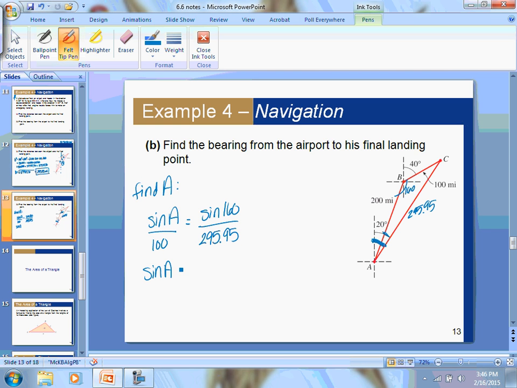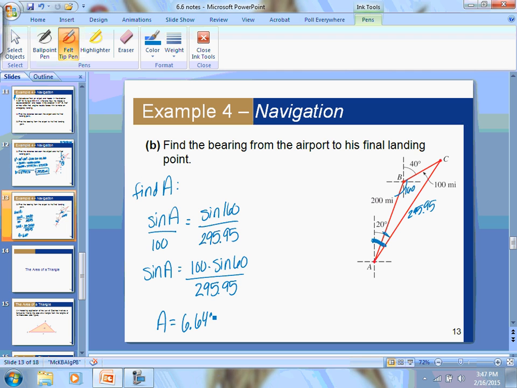So sine of A is going to be 100 times the sine of 160 divided by 295.95. Let's see, that decimal, when I take the inverse sine of that, I'll get about 6.64 if I round.